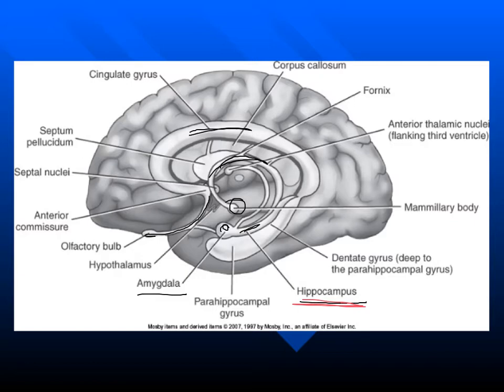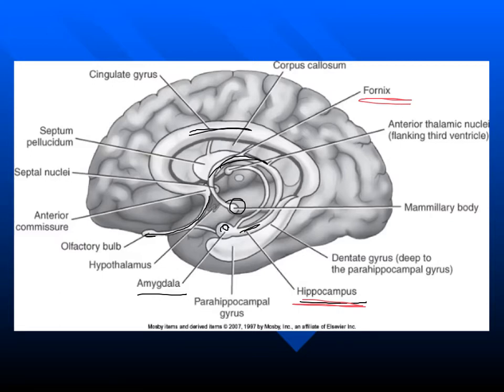So really important. The fornix is also another important area, and it's an arch-shaped structure that is right underneath the splenium of the corpus callosum. So those two structures are important in the limbic system.